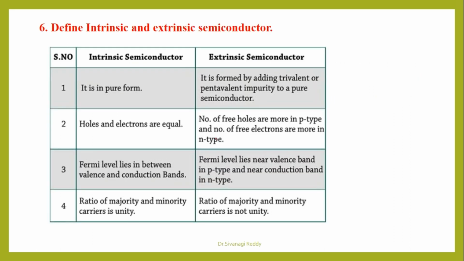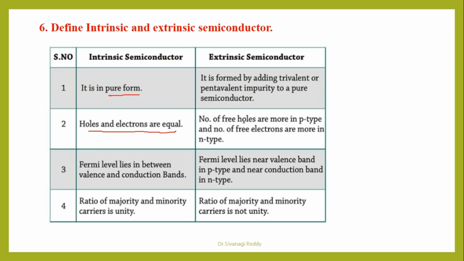Then what is the difference between intrinsic and extrinsic semiconductors? An intrinsic semiconductor is a pure form, and whenever we dope a pure semiconductor with trivalent or pentavalent impurities, we get an extrinsic semiconductor. In intrinsic semiconductors, holes and electrons are equal in number, whereas in N-type semiconductors, free electrons are more.